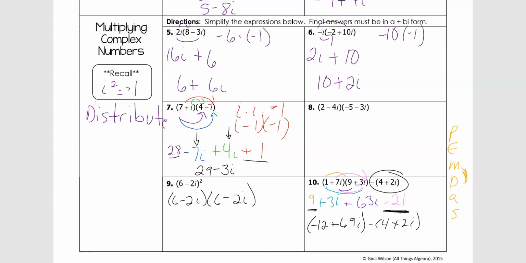And then again, it's going to be distributing the negative. So we'll have negative 12 minus 4, and plus 69i minus 2i. 12 minus 4 is 8, plus 69 minus 2 is 67i. So that's how we would multiply them.